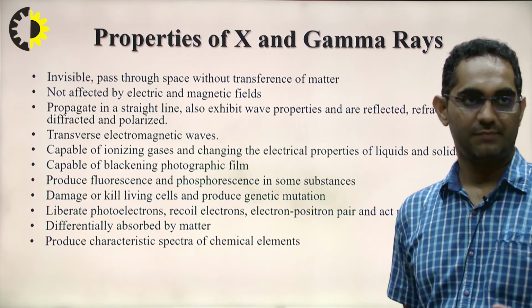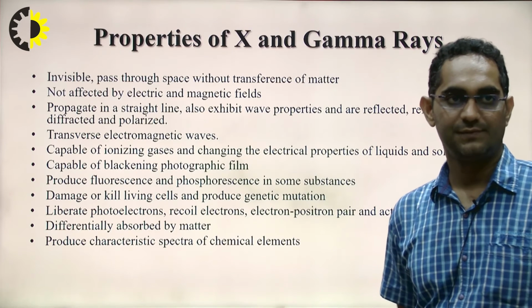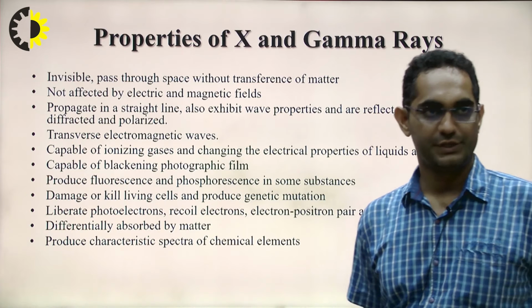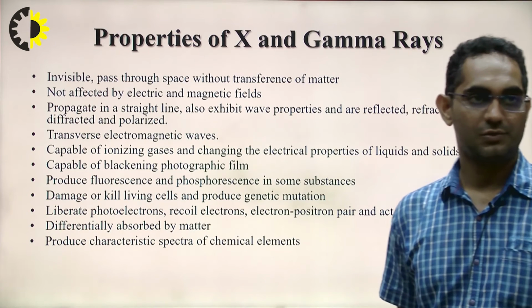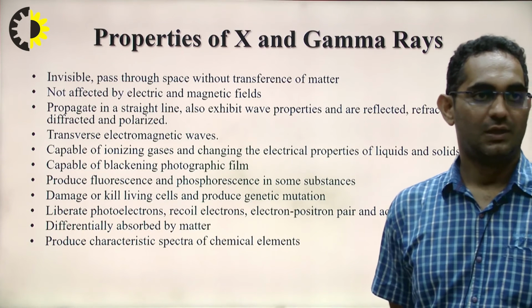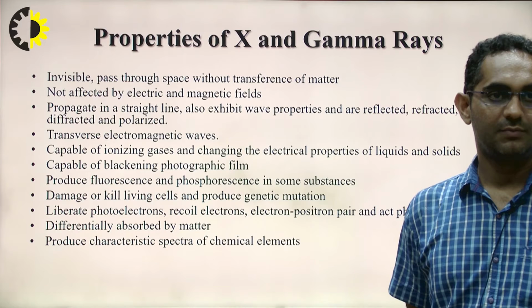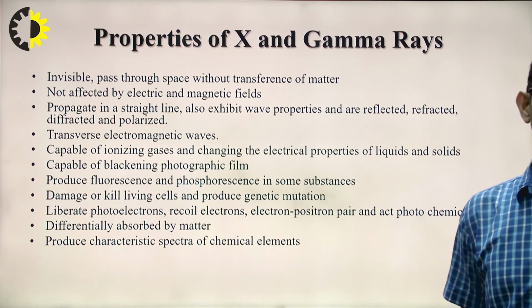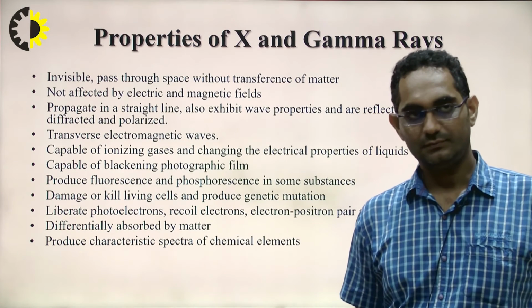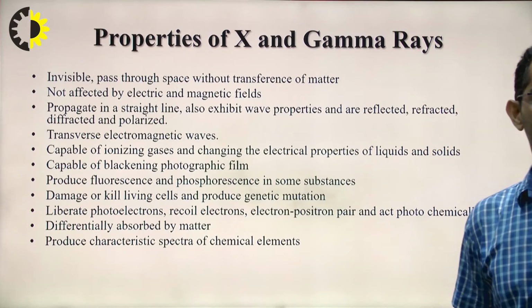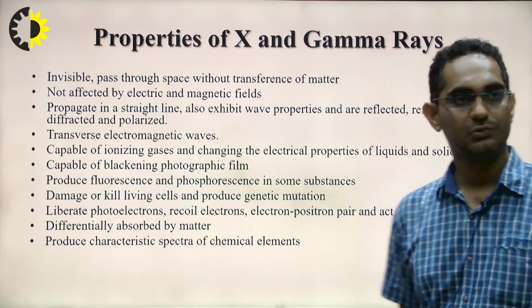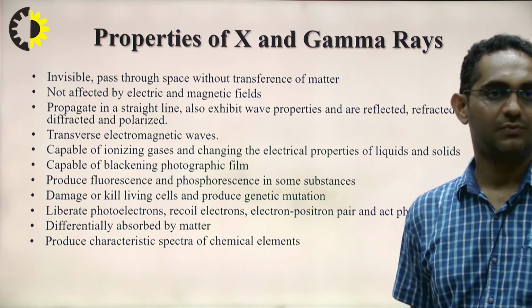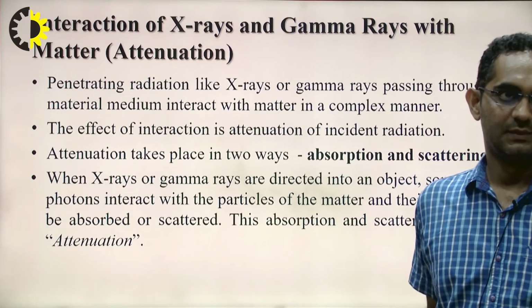They also damage or kill living cells and produce genetic mutations. They also liberate photoelectrons, recoil electrons, and electron-positron pairs, act photochemically, and are differentially absorbed by matter. These also produce the characteristic spectra of chemical elements.